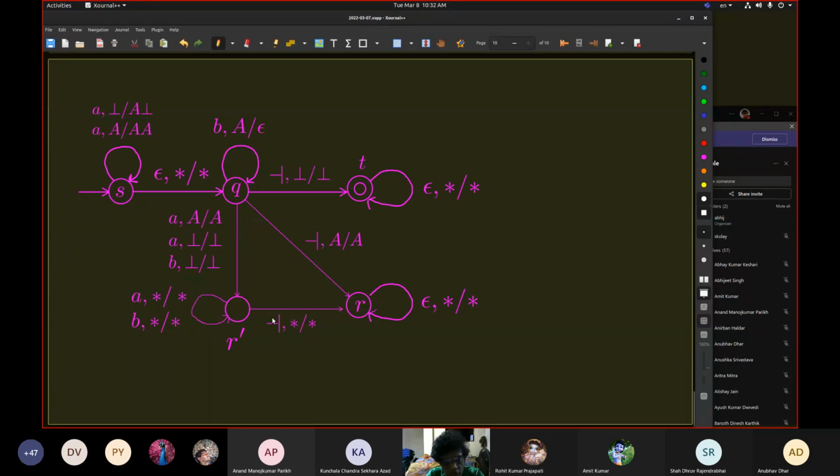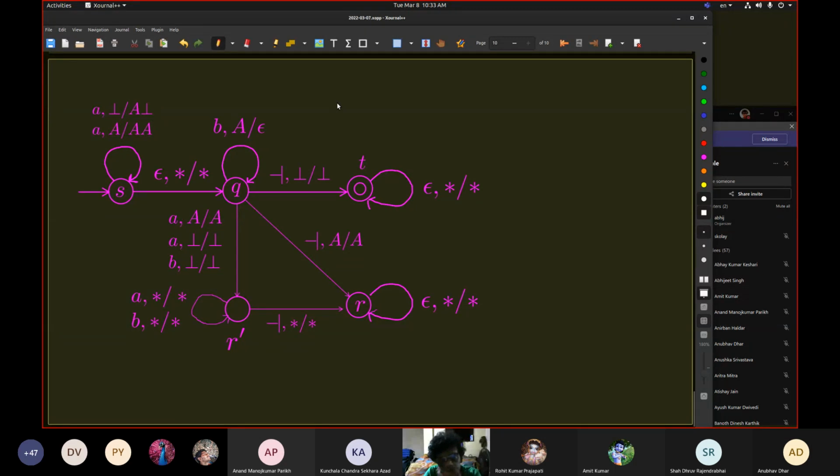So you finish the input, reading the remaining part of the input, go back to the new reject state, and then loop there. This is the basic idea behind this proof. Happy? Yes, sir. Okay, fine. If you're interested anyway, the book is there, previous year's video is there, so you can go ahead and check.